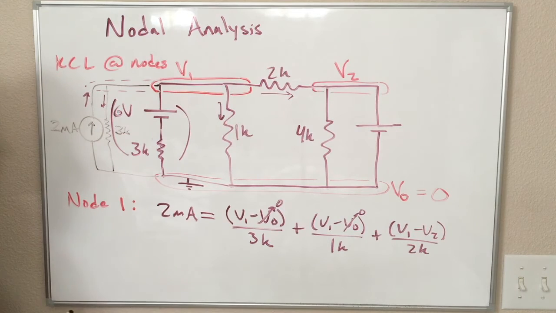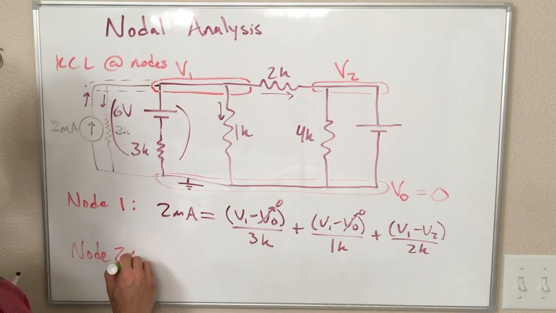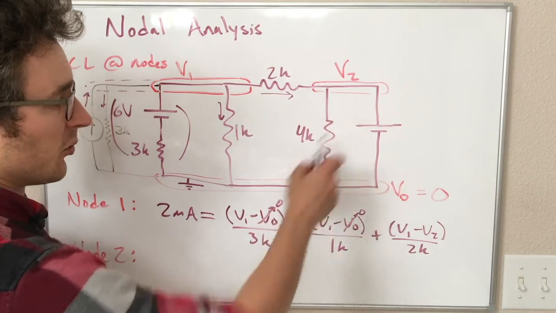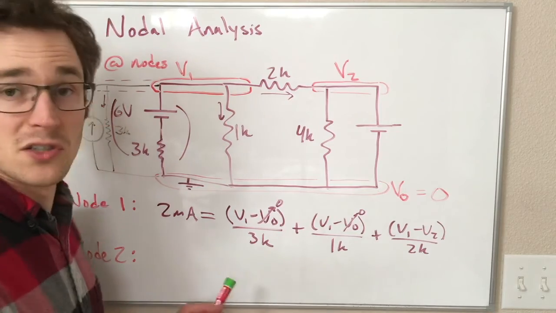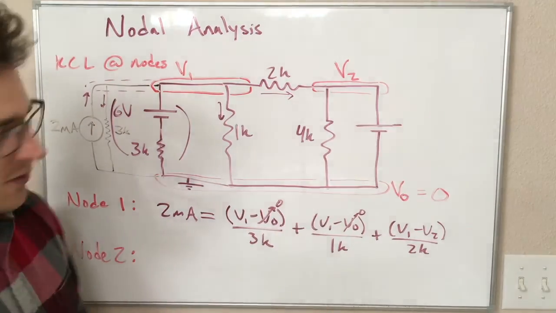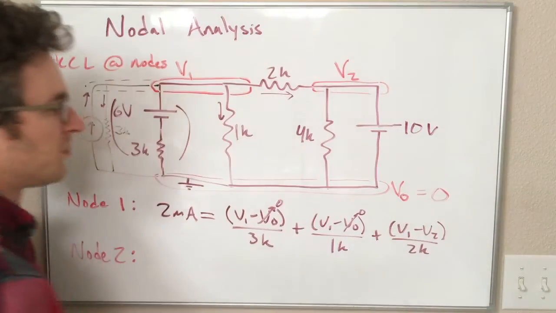And it turns out the next one is an easy one, because when we have 2 nodes that are connected by just a voltage source, that gives us an equation relating those voltages. Did I never write down the value of that voltage source? This was supposed to be 10 volts. Apologies.